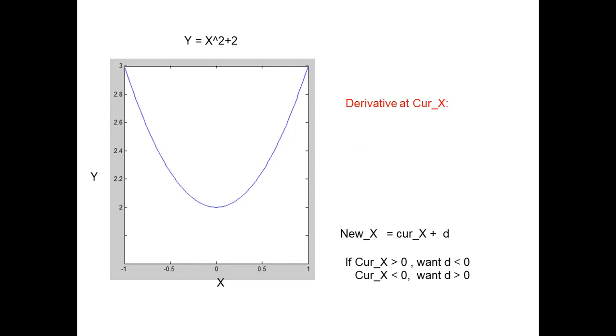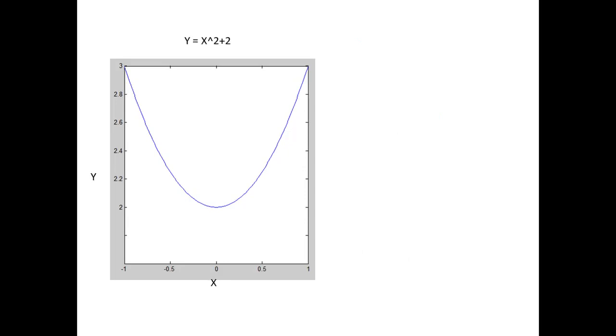So the derivative at the current value of x is twice the current value of x. So the negative of the derivative does the trick, which means in the direction of the derivative, the function grows the most. That means it's the ascending direction. Whereas in the negative of the derivative, we get the descending direction, because the function decreases most in the negative of the derivative of the function.